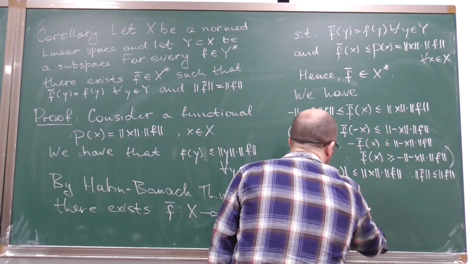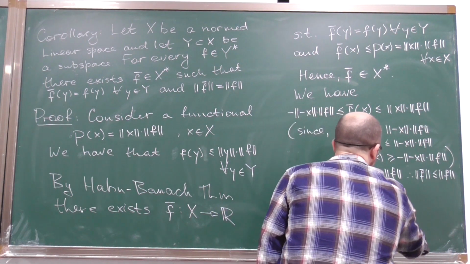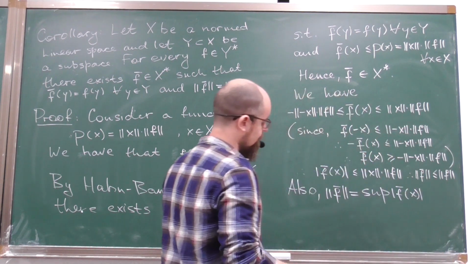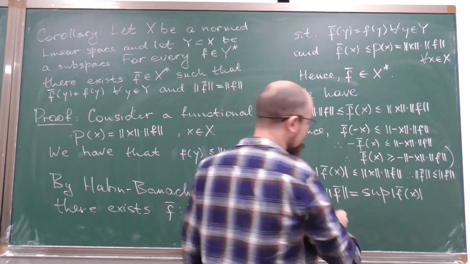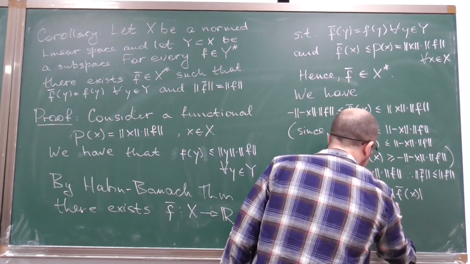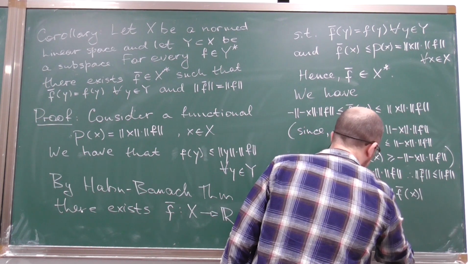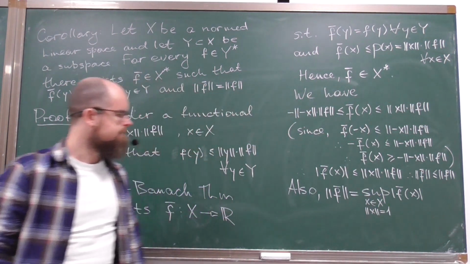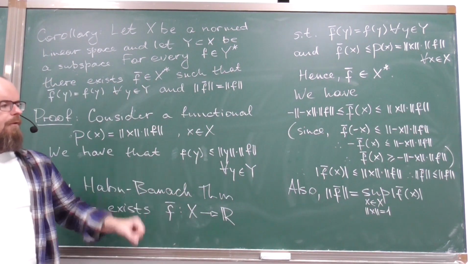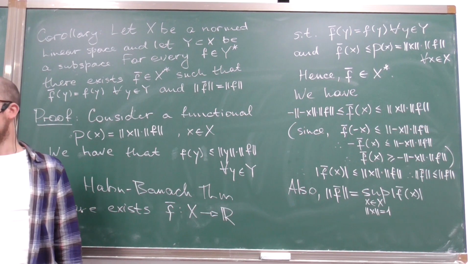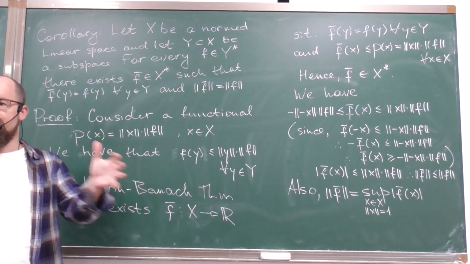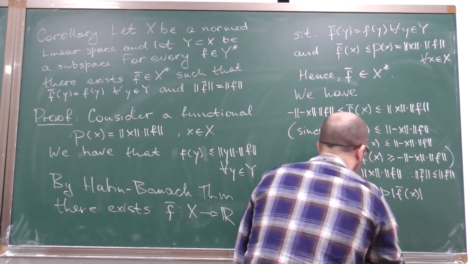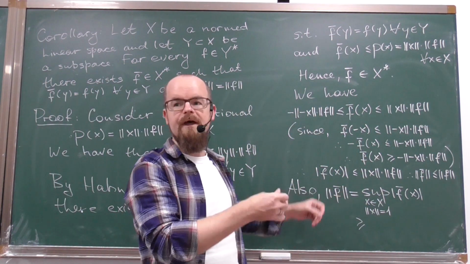The norm of f bar, by definition, equals the supremum of the absolute value of f bar of x over all x from X, say such that the norm of x is 1. Now, instead of taking the supremum over the whole X, I will take the supremum over the subspace Y, which gives the estimate from below.